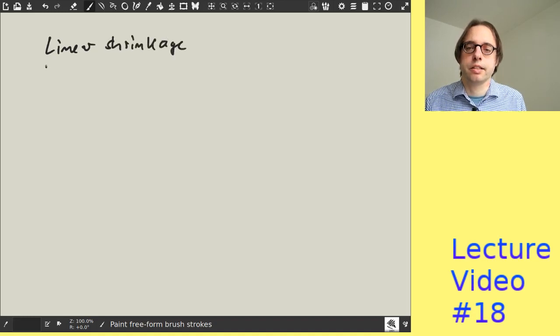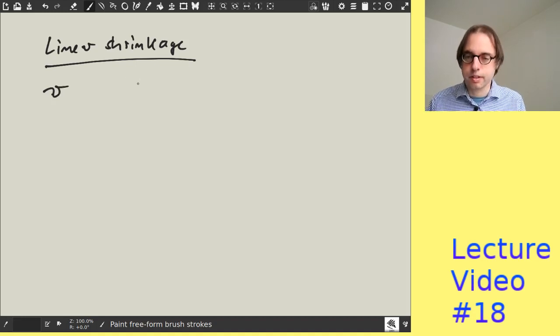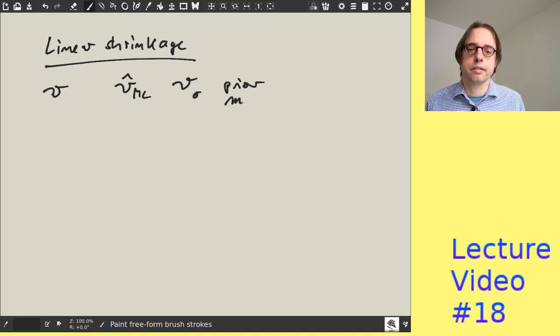We had a parameter theta that we would like to model, and we had theta hat ML, which was our maximum likelihood estimate. We had theta naught, which was our prior mean.